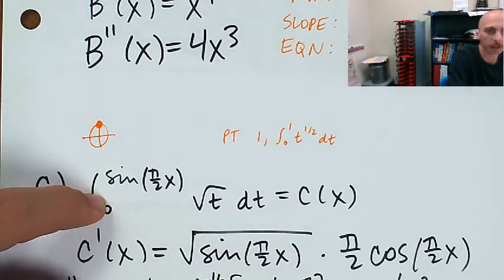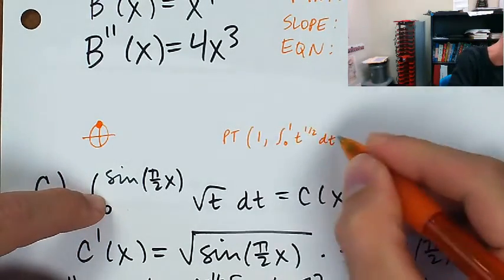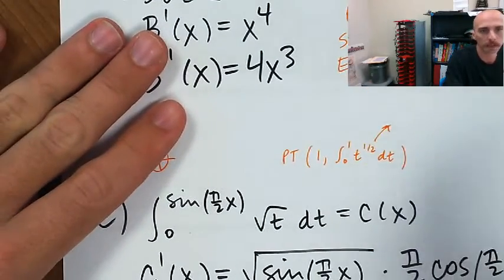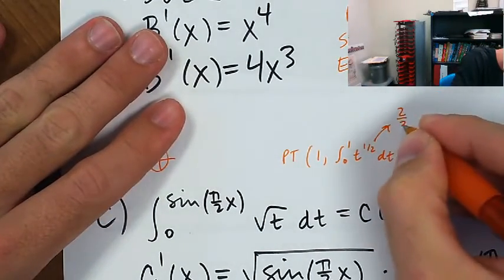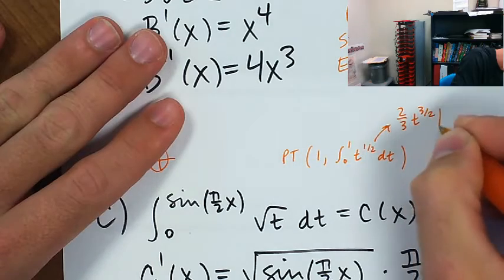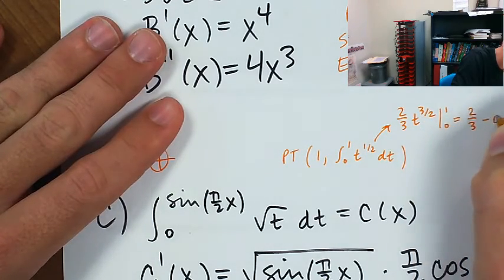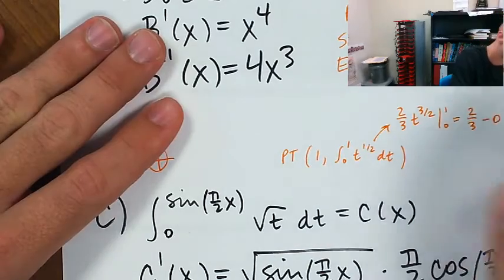So I'm going to write that as t to the 1/2. Okay, and I can do that up above. And that's going to be 2/3 t to the 3/2 as t runs from 0 to 1, which is 2/3 of 1 minus 2/3 of 0. Okay, so it's going to be 2/3.